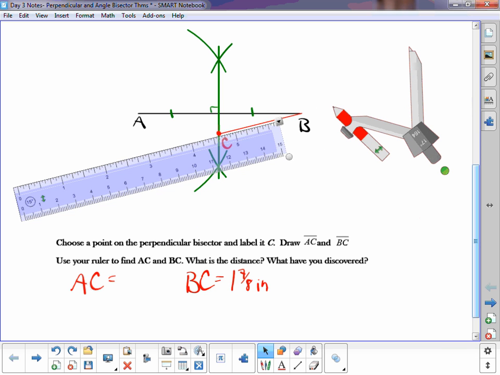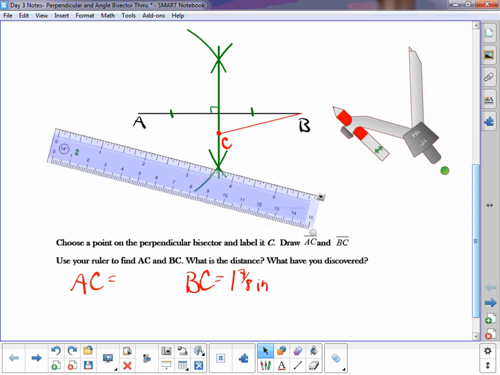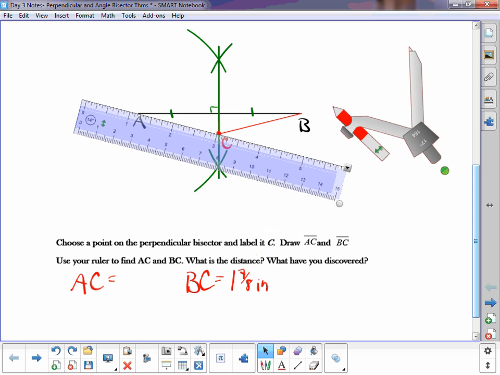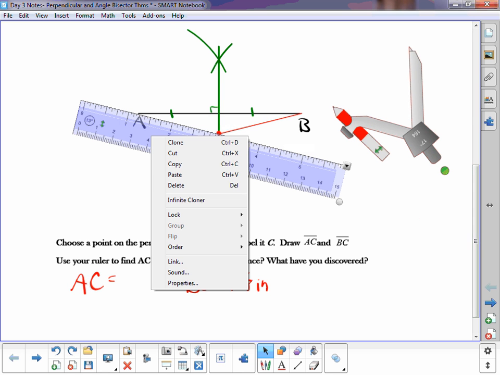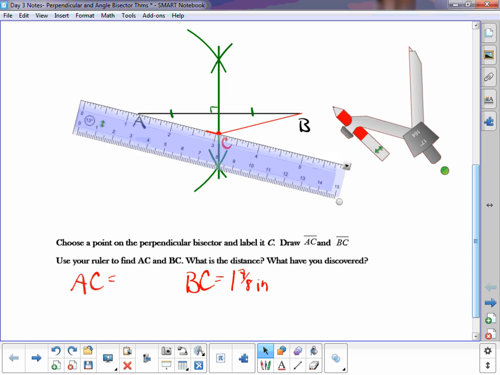Once you've got it, go ahead and show it off to your shoulder partner, show them how well you did. And take note that your shoulder partners might be a different distance than yours, which is perfectly fine, because we're all drawing different scenarios. But the idea is that whatever you got should be the same within your process.